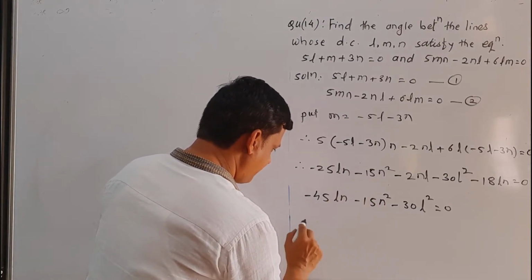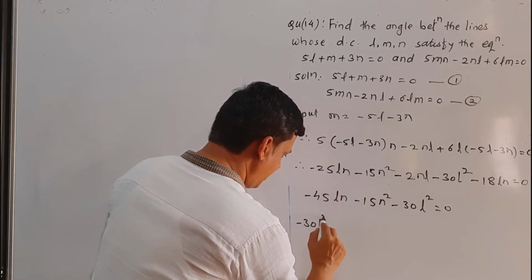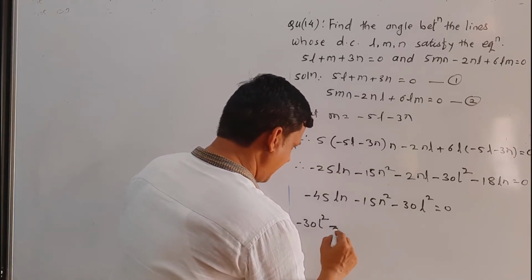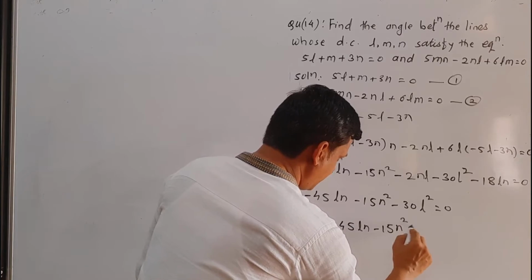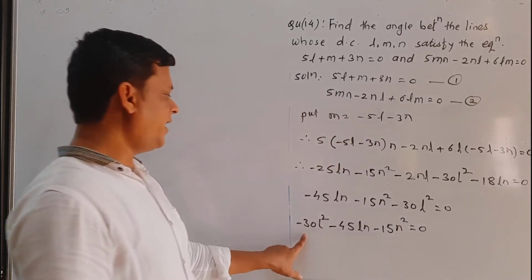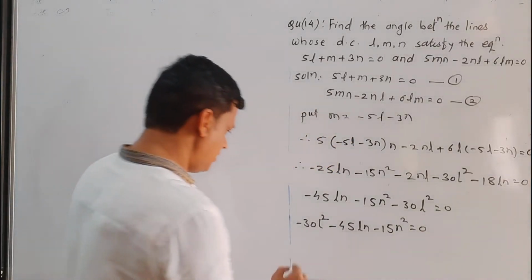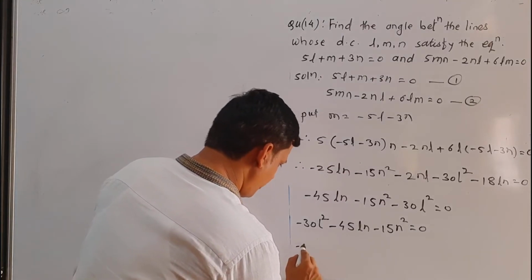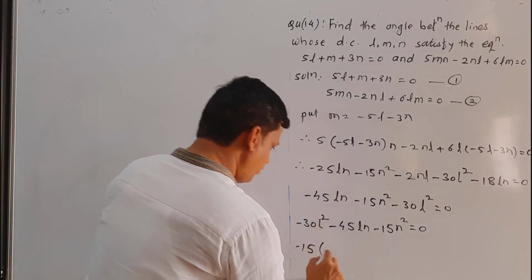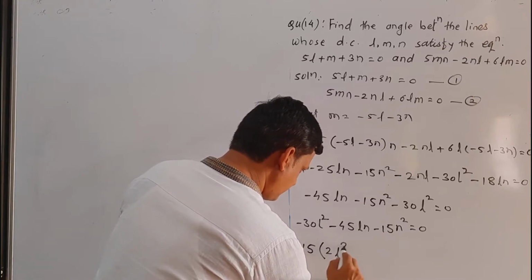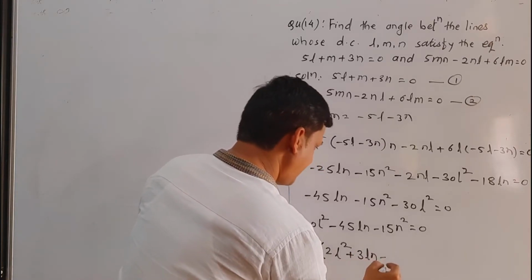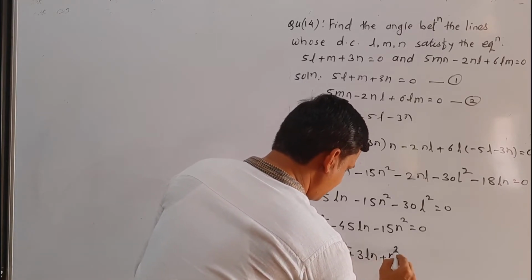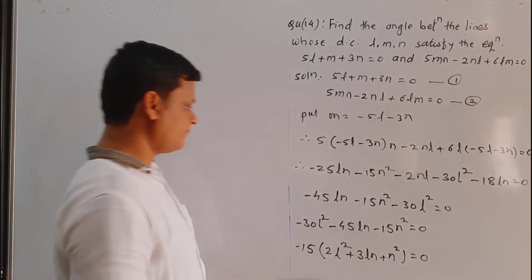So we write here minus 30 l square minus 45 ln minus 15 n square equal to 0. Now we take minus 15 common here. When we take minus 15 common, so we get here 2l square plus 3 ln plus n square is equal to 0.